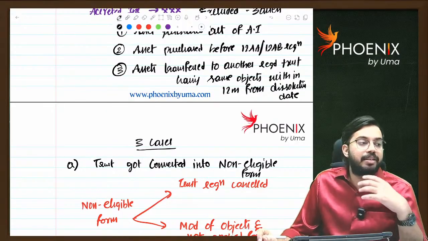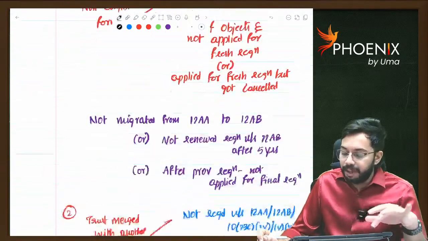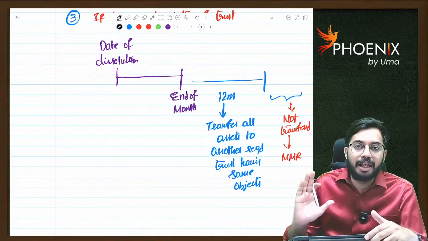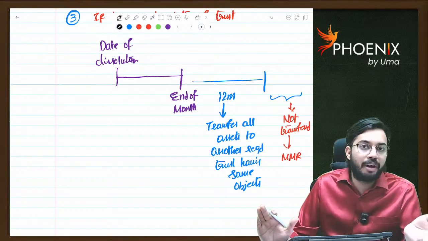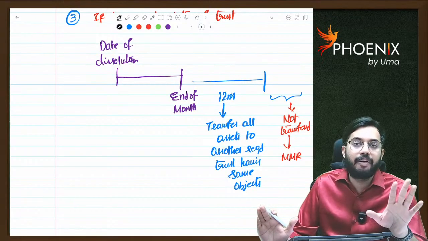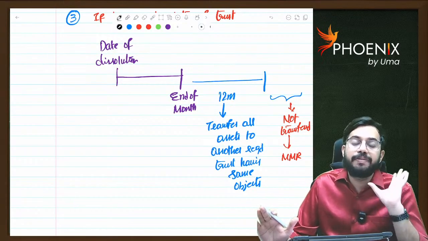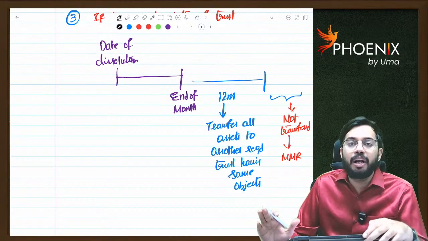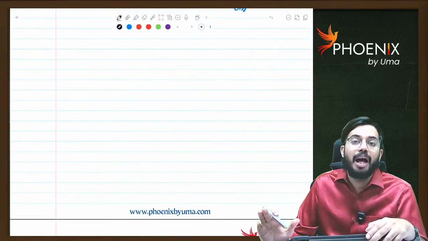So whatever the assets that are transferred within 12 months, we have discussed this point, right? If you transfer within 12 months to another trust having same objects, then whatever the assets that you have transferred, on that no tax is required to be paid. Whatever the untransferred assets within 12 months are there, on those accreted income, you are required to calculate tax at the rate of MMR.